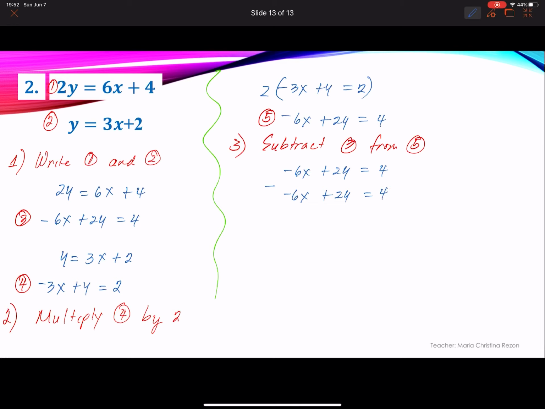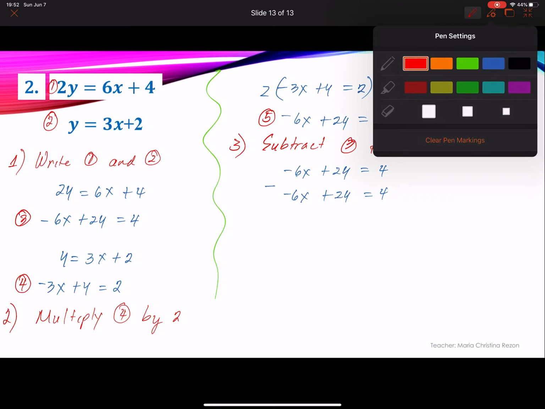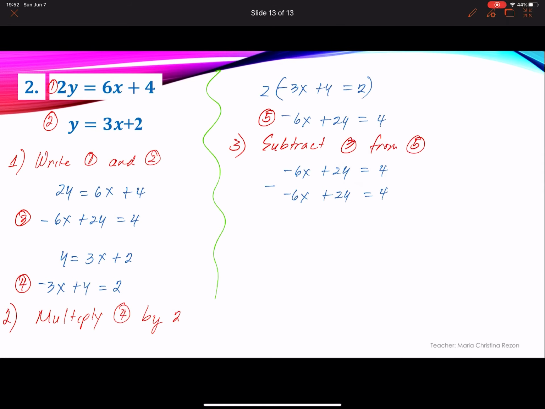And if you notice, the signs will be changed, so it is plus, minus, minus. So your answer to that becomes 0 is equal to 0.